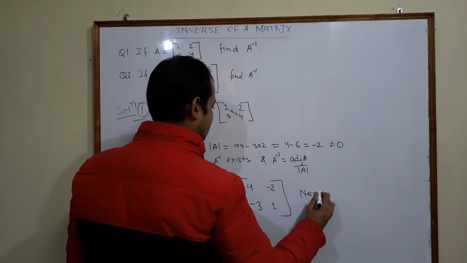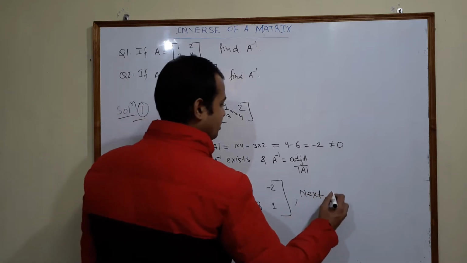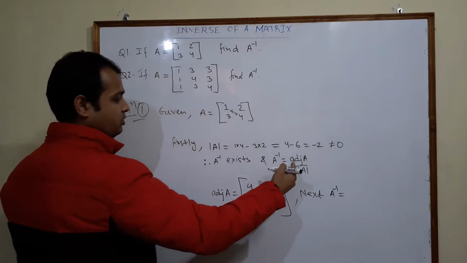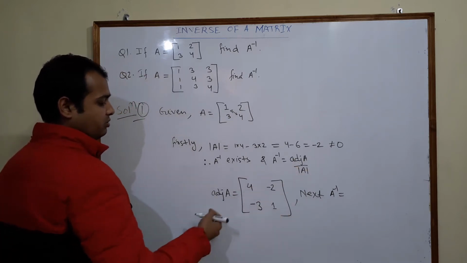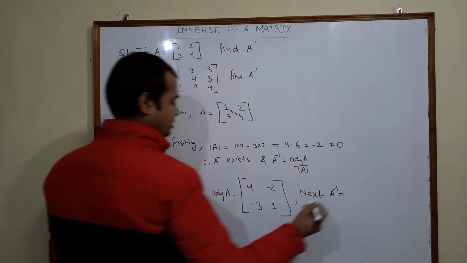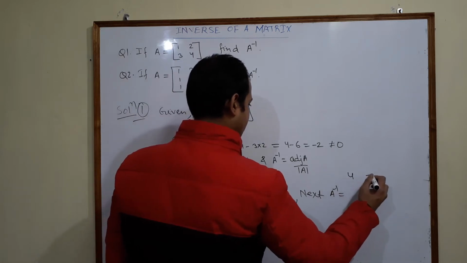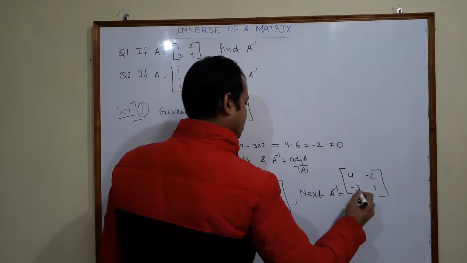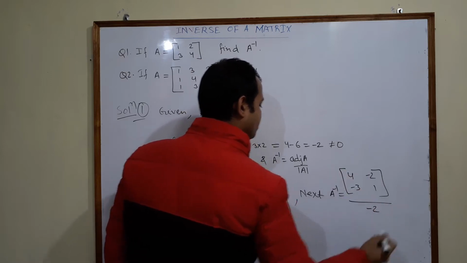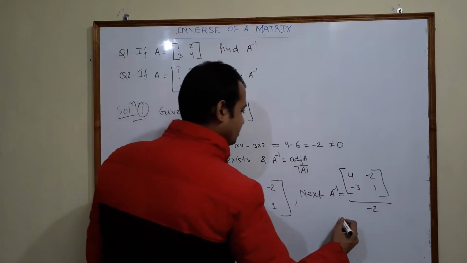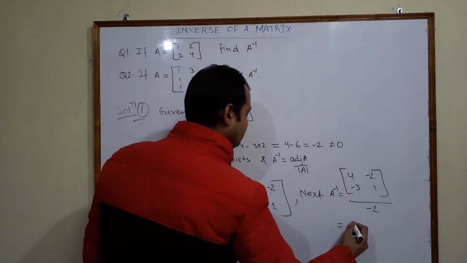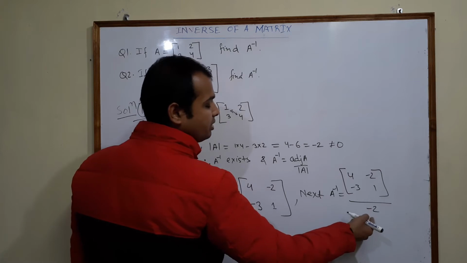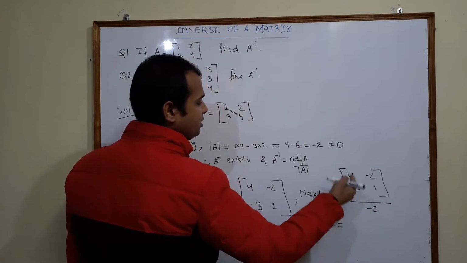Next, your A inverse will be adjoint of A upon determinant of A. So straight I write this. So you'll get 4 minus 2 minus 3 1 upon minus 2. Okay, so this would imply, since it is in denominator, that means this will divide each element.